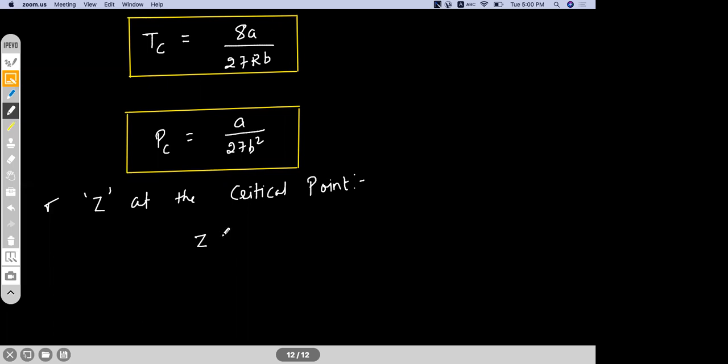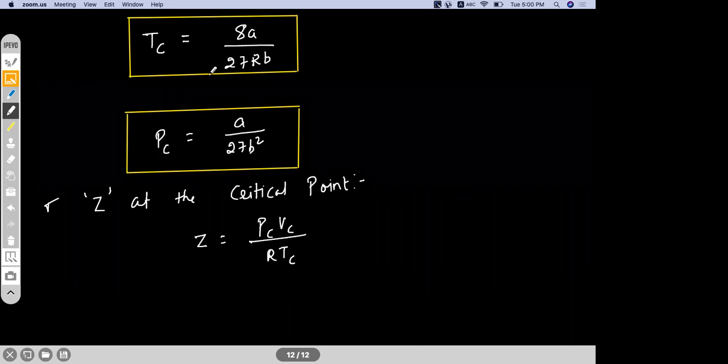So Z is equals to PcVc by RTc. Yeah, correct, Anya. So when you substitute all the values here, the value of Z you will get 3 by 8.